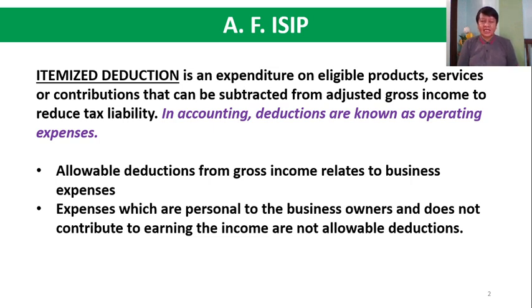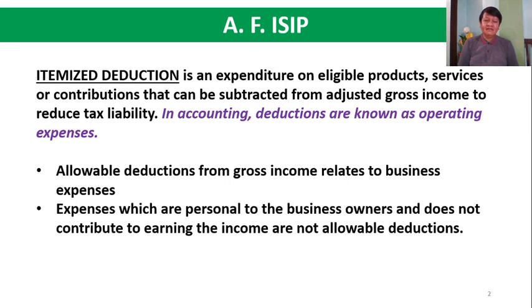Of course, I have so many business-related expenses. But if my personal expenses are included in my business expenses, that expense used for my personal reason will not be allowed by the Bureau of Internal Revenue.